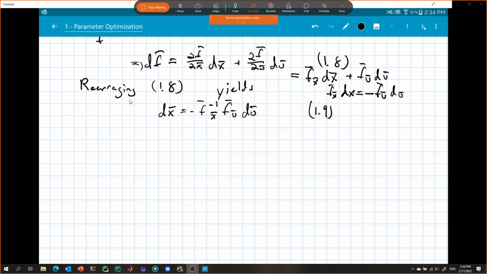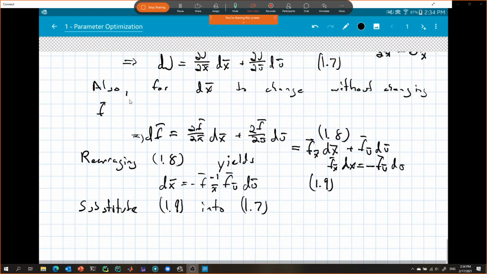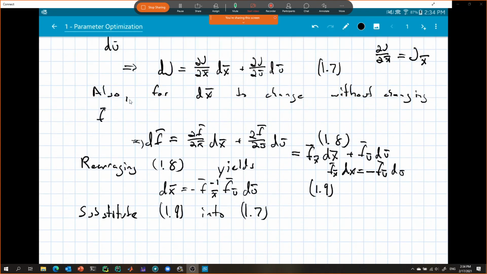So, yeah, so then we substitute 1.9 into 1.7. So we take this dx value and we substitute it back in here.